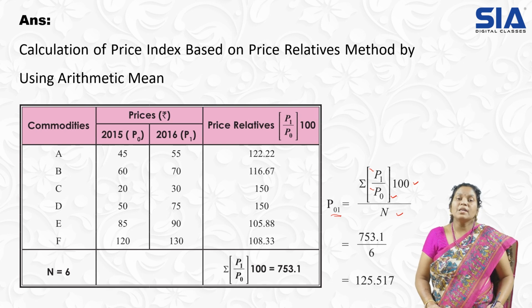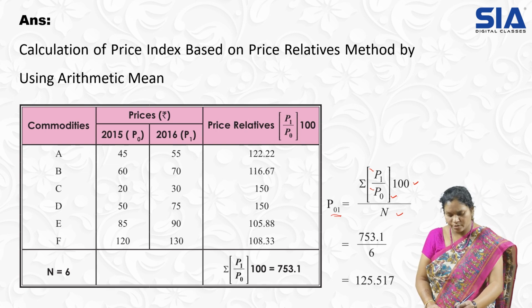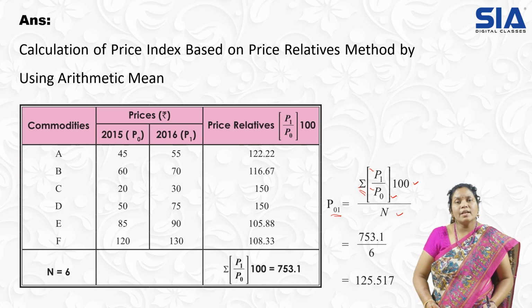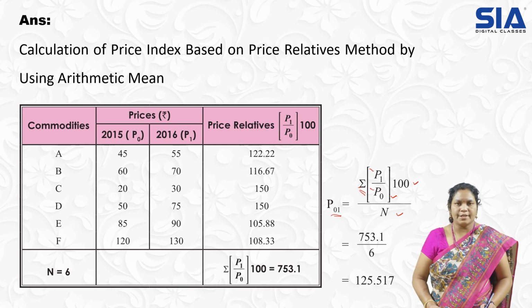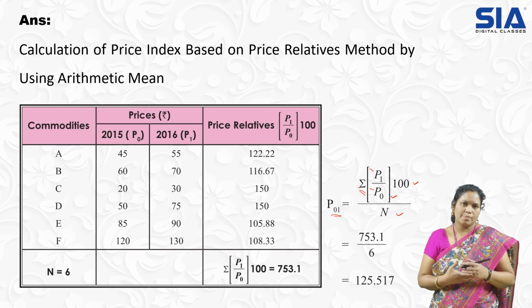So you have to be careful while calculating. It's an overall summation. You divide, multiply into 100, then finally you have to add. Then divided by capital N. Capital N we know already, number of items. Count how many commodities we have, that becomes your capital N.